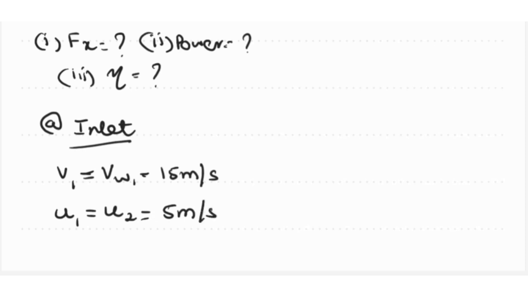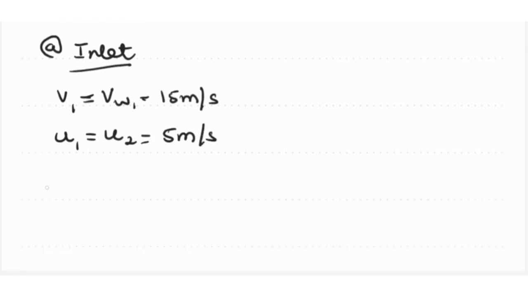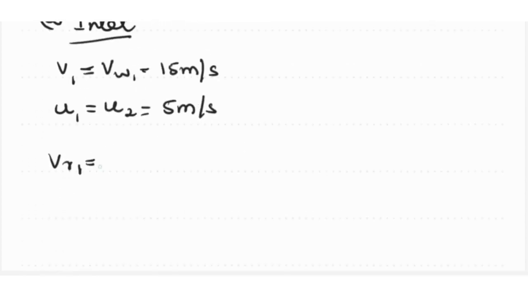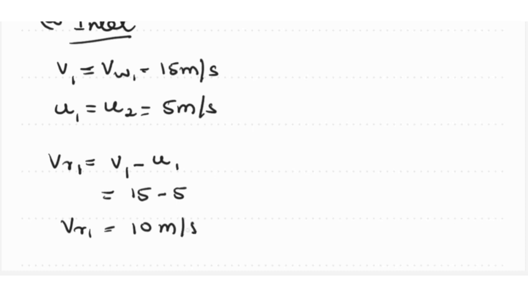So we can calculate here Vr1 very easily. Vr1 is equal to V1 minus U1. So V1 is 15 minus U1 is 5. So Vr1 is equal to 10 meter per second.